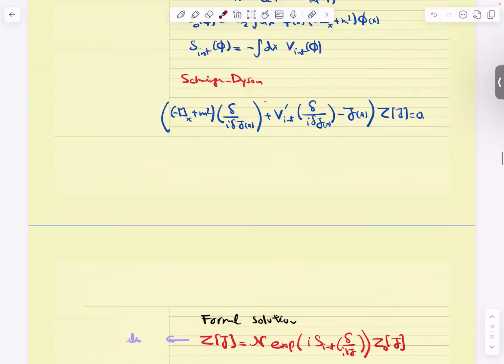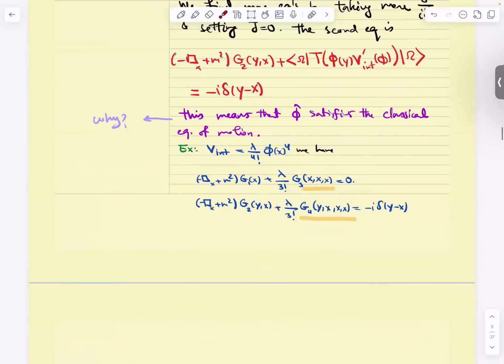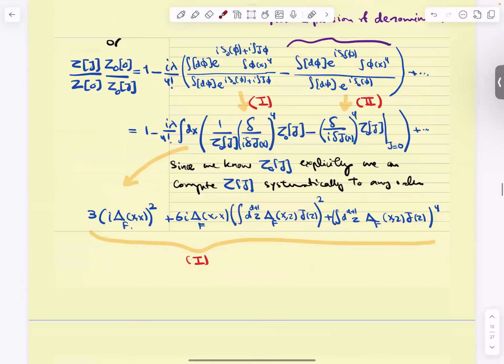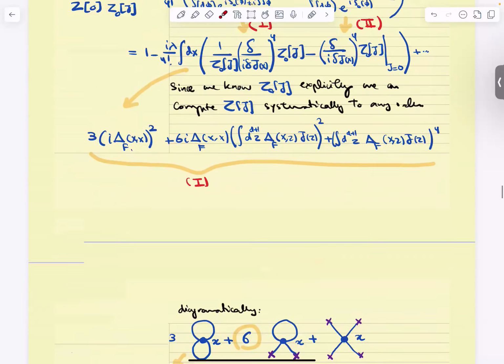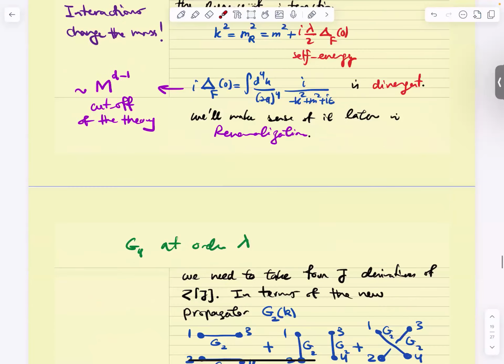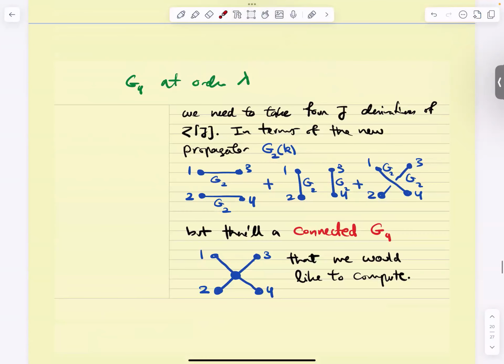This term 2 takes care of these guys. But you don't know that yet. All right, good. So this is what the diagram is going to be.